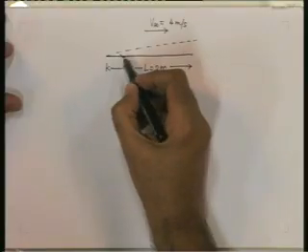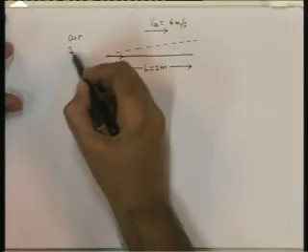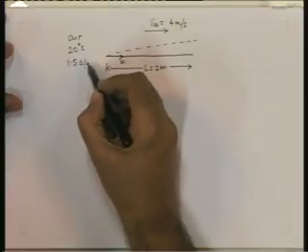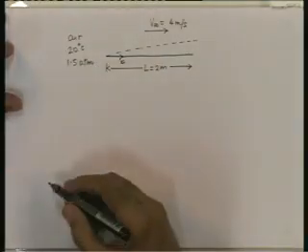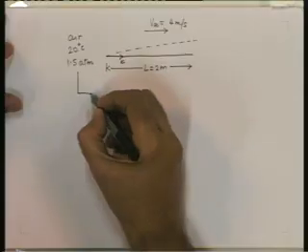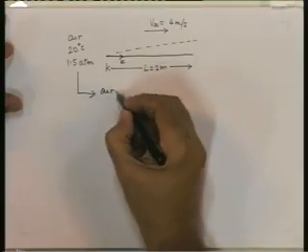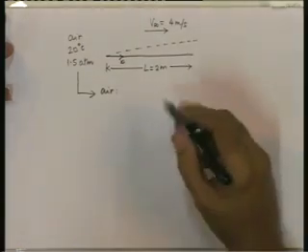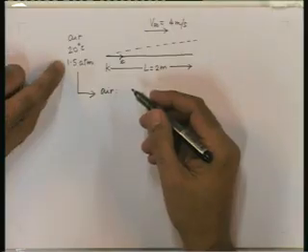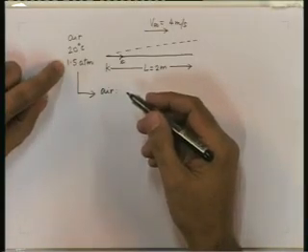We measure X from here, and what flows is air at 20 degrees C and 1.5 atmosphere. At this temperature and pressure, we take properties of air and read them off from a tabulation. Of course, the tabulation will usually be at atmospheric pressure.